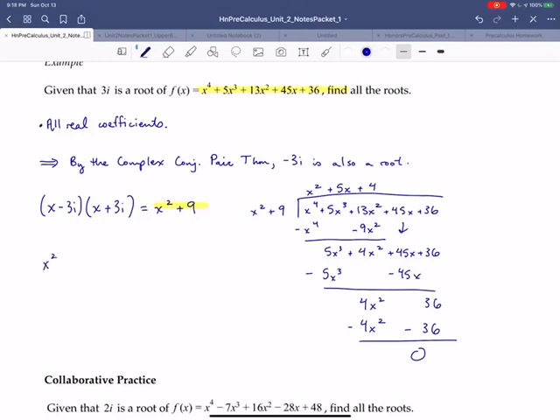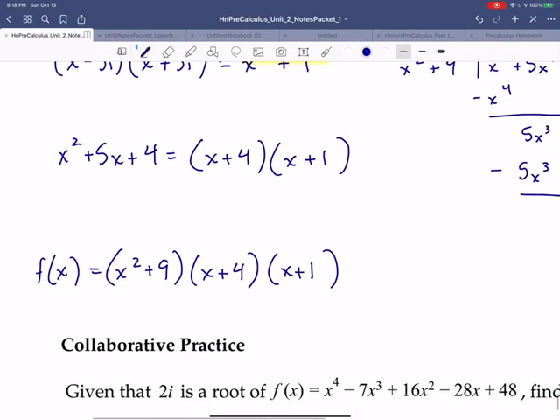which factors as x plus 4 multiplied by x plus 1. So I can factor this polynomial as x squared plus 9 multiplied by x plus 4 multiplied by x plus 1. The vocabulary here is x squared plus 9 is an irreducible quadratic factor, meaning it cannot be factored into linear factors with real coefficients.